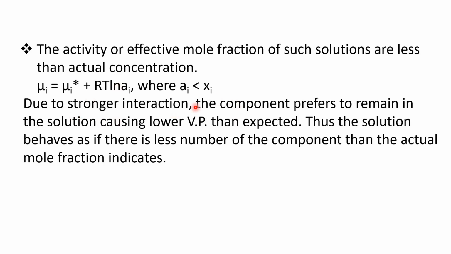So, due to stronger interaction, the component prefers to remain in the solution, causing lower vapor pressure than expected. Thus, the solution behaves as if there is a smaller number of components than the actual mole fraction indicates. So, effective concentration is less than the actual concentration.